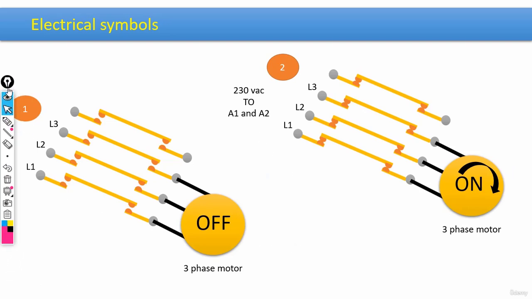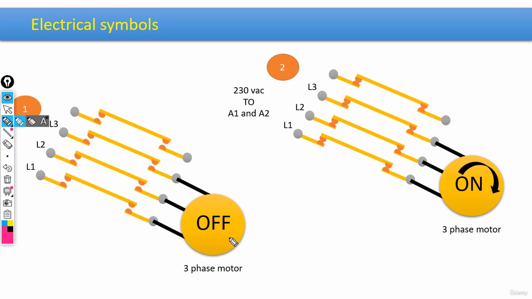Through using a contactor, guys, we can, for example, connect these terminals, L1, L2, and L3 more precisely, to a 3-phase supply. And for the other side, for these terminals, T1, T2, and T3, we can, for example, connect these to a 3-phase motor.